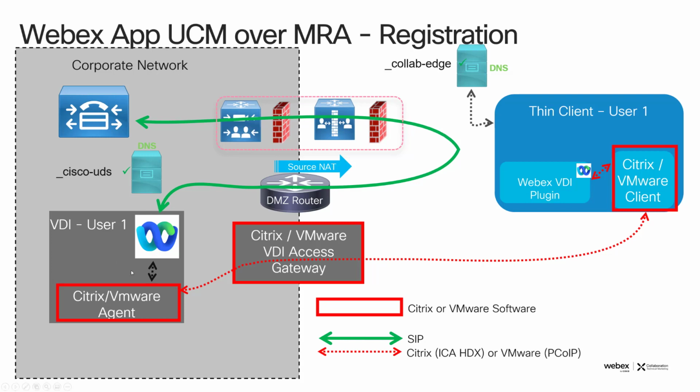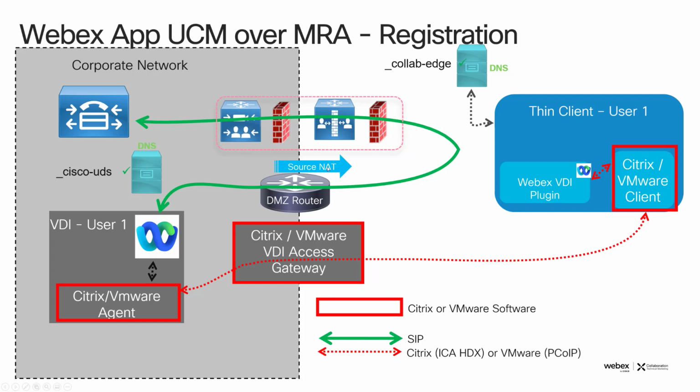So even though the Webex app deployed in VDI may have a direct path to Communications Manager, because the thin client is outside the organization, the Webex app must register via the MRA deployment, so via Expressway E. So Webex app will then connect via SIP to the external address of the Expressway E. So in all likelihood, this will be connecting out through some router in your data center to the Expressway E external address, and then on to Unified Communications Manager for a SIP registration.